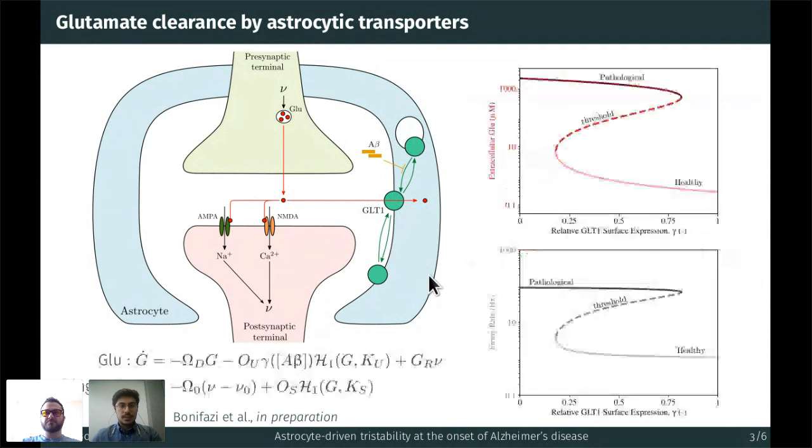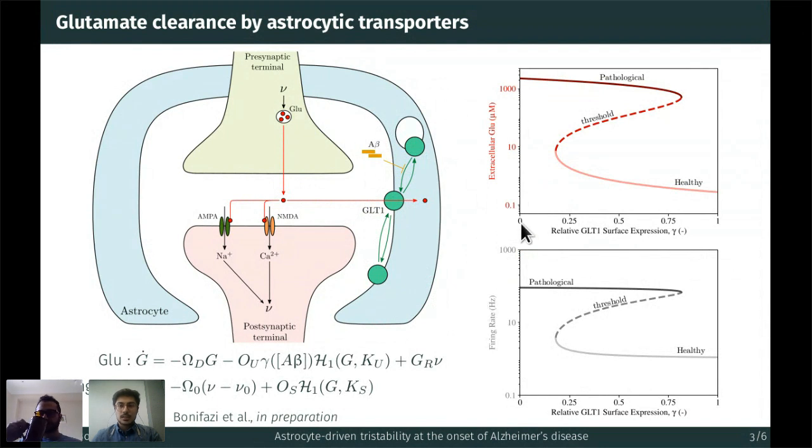And this is exactly the case when we translate this biological mechanism into a dynamical framework. Here on the right, again, you see the bifurcation plots, but in this case for extracellular glutamate and the firing rate.